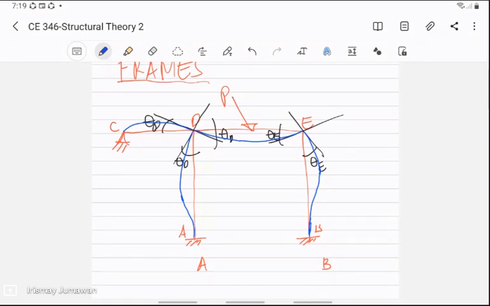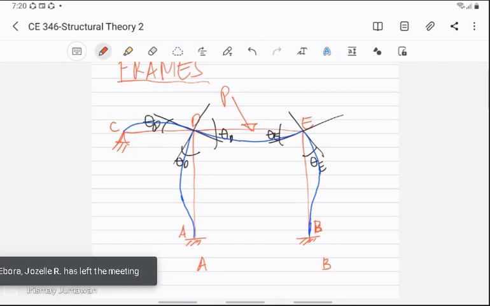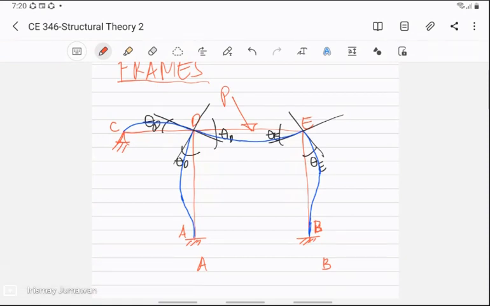How many joints are there? 5. Okay, how many fixed supports? 2. How many hinge supports? 1. How many roller supports?